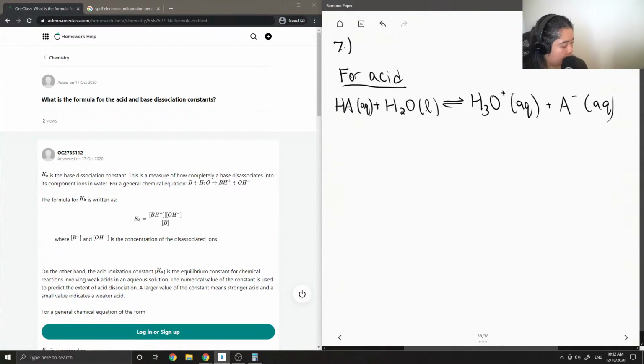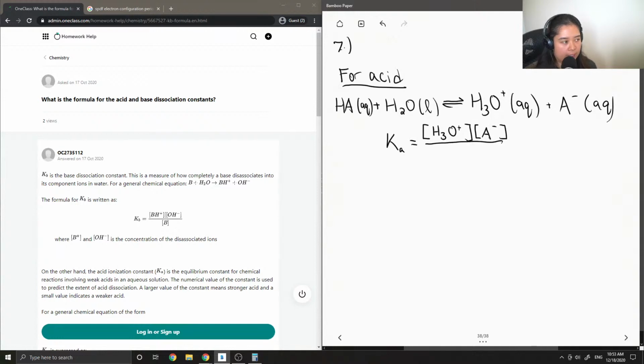Okay, so when we write the expression for the acid dissociation constant, which is Ka, it's going to be the concentration of H3O plus, so basically the concentration of our products divided by reactants. So H3O plus times the concentration of our conjugate base, in this case A minus.